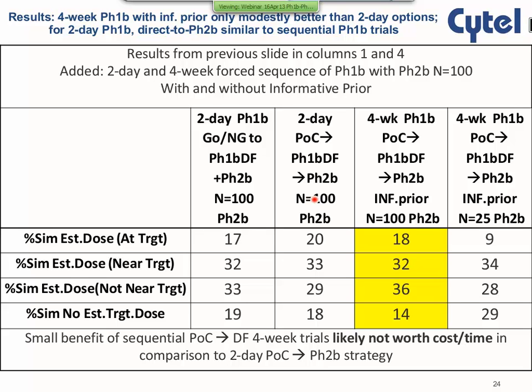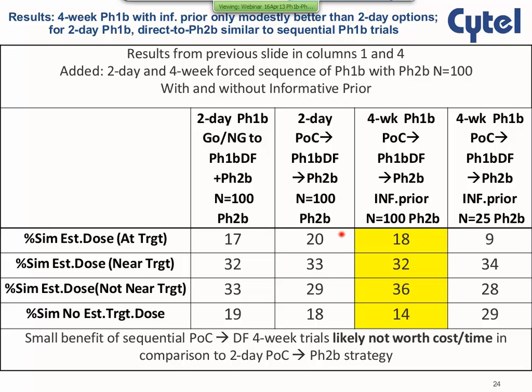Now, the results from the previous slide are copied into the first and fourth columns, and what we add here is what if we do a full-size 100-patient phase 2B trial and use the sequence of trials and the informative prior? Is that informative prior with the same sample size at phase 2B buying us anything? And in this case, the answer is not much.